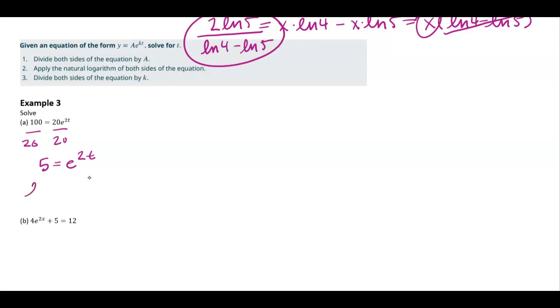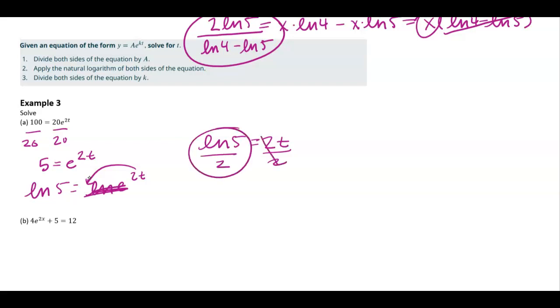Well, then I'm going to take the natural log of both sides. And this 2t comes in the front. Natural log of e cancels out. And so I get that this must be my power of t. Again, I'm going to leave this in exact form. You can plug it into a calculator if you would like to.